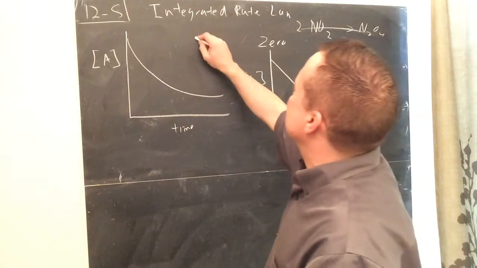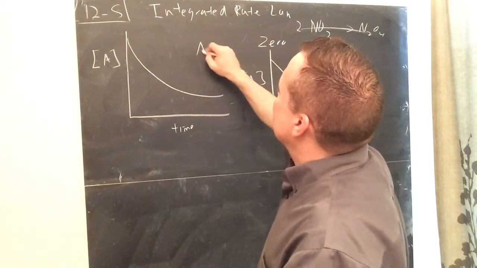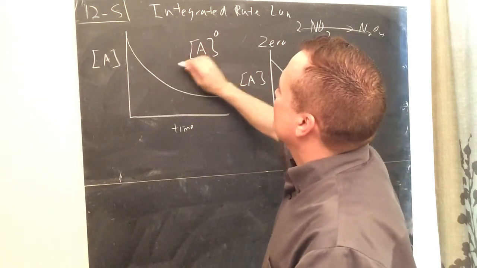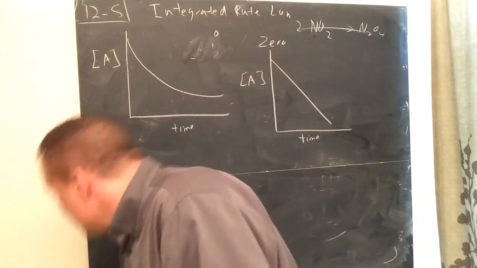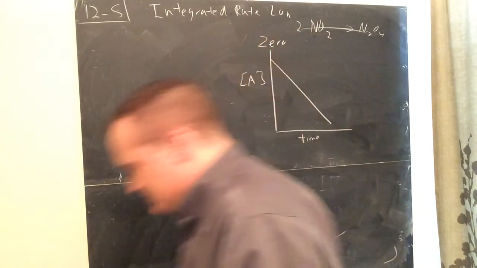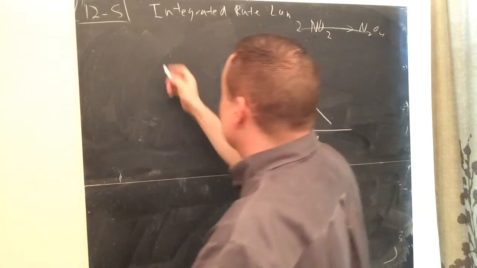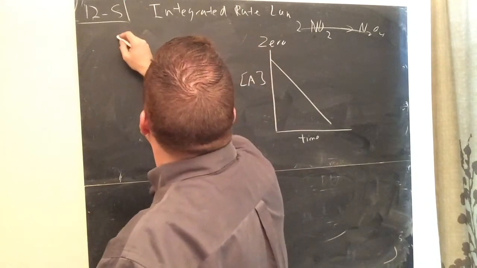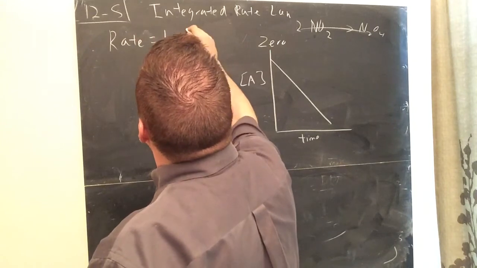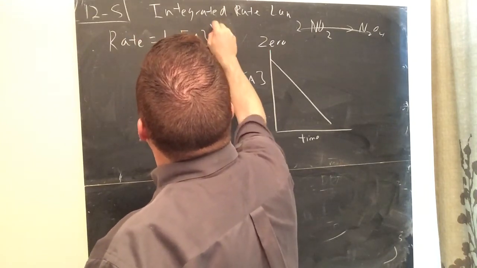Zero order means that the chemical, like NO2 or whatever, to the zero power. Okay, let me back up. The integrated rate law looks at this form: rate equals k times A to the x power.